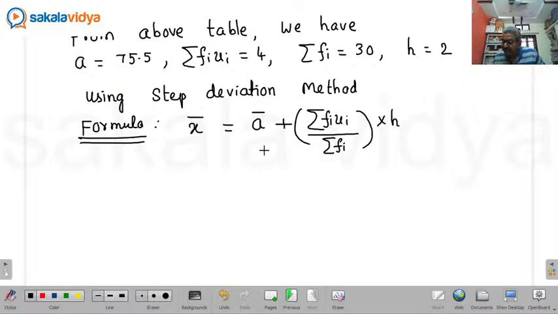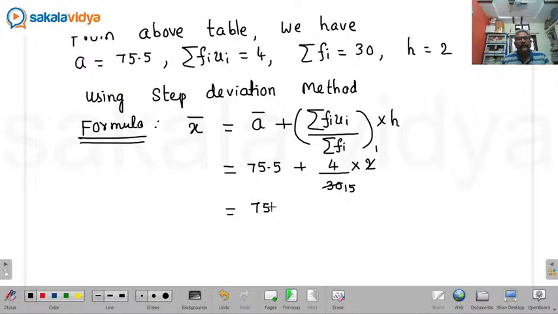Let us substitute the respective values. So this equals A, which stands for 75.5, plus sigma fi ui, which is 4, upon 30, multiplied by 2. So 75.5 plus 4 upon 15.